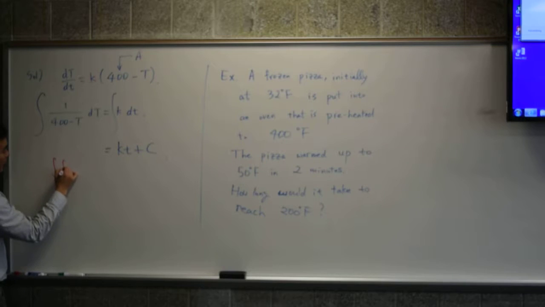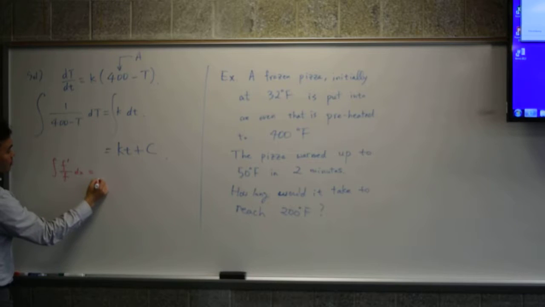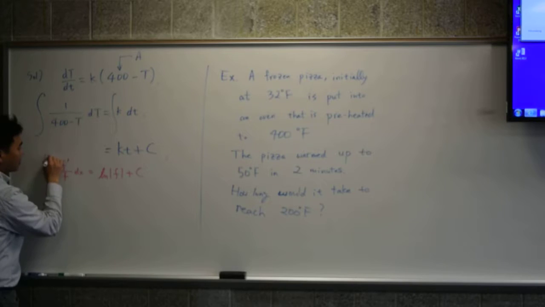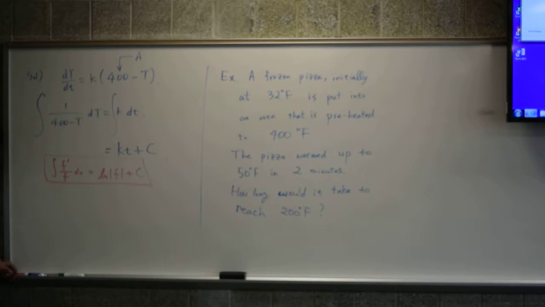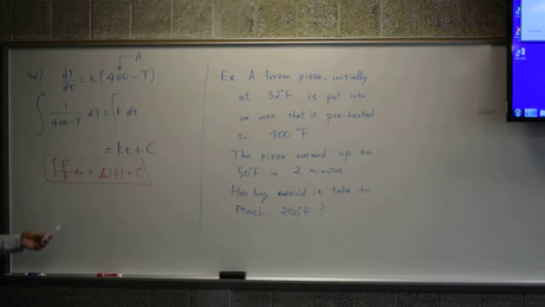If you have f prime over f dx, that's the same as ln of the denominator plus c. In other words, if you take the denominator and differentiate it and that happens to be the same as the numerator, then the integral is just the ln of the denominator. I want to apply it here because if you don't use this formula, you have to end up using u substitution. That takes too long. I just want to take a shortcut.